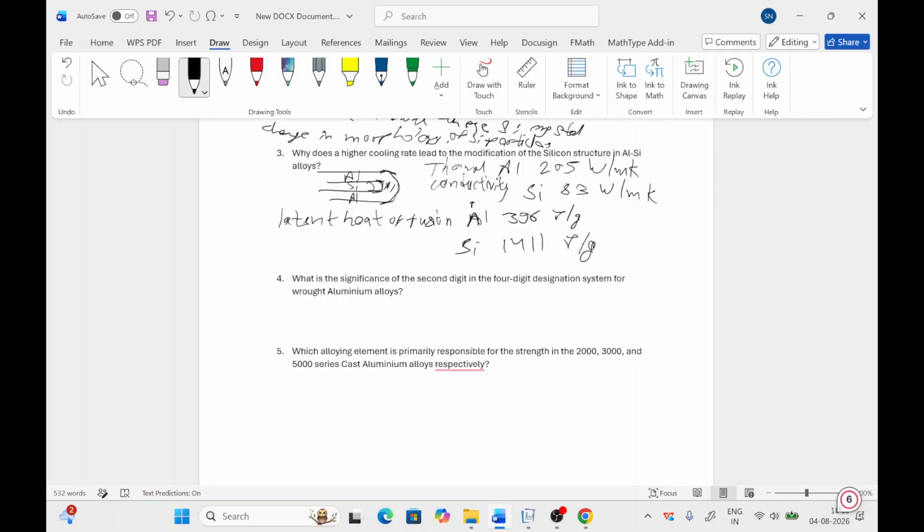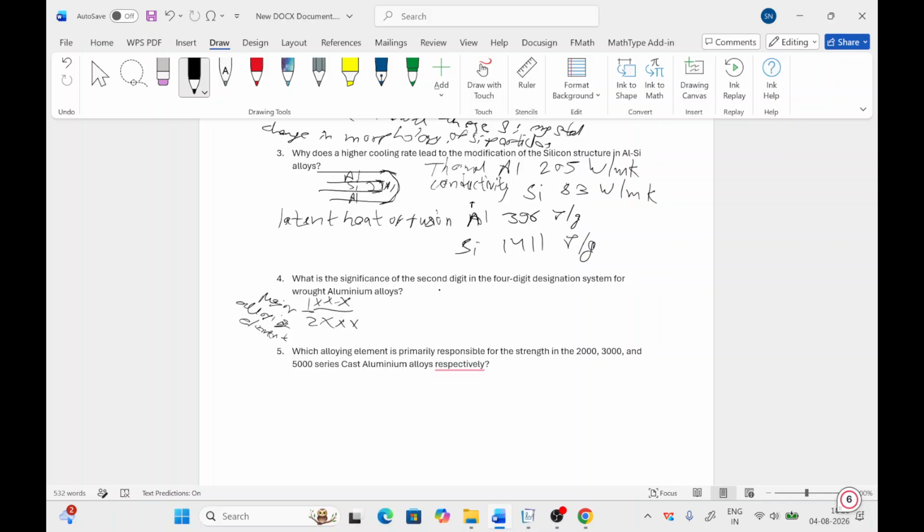So the fourth question is, what is the significance of the second digit in the four-digit designation system for wrought aluminum alloys? So we represent the aluminum alloy like this, 1XXX, 2XXX. The first digit represents the major alloying element, and the other three digits represent different conditions.